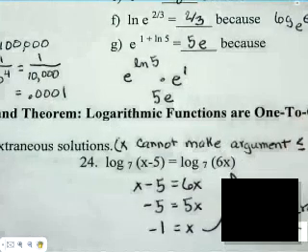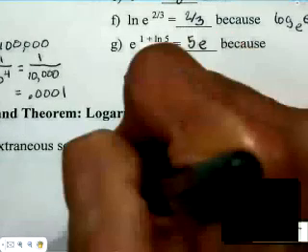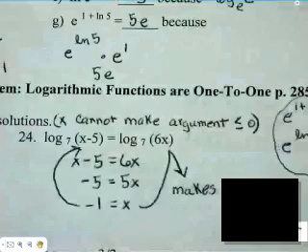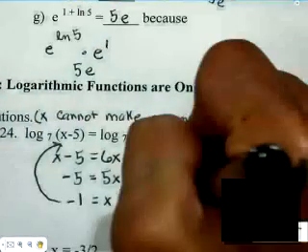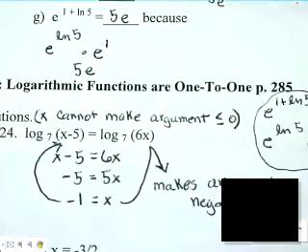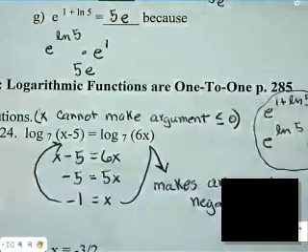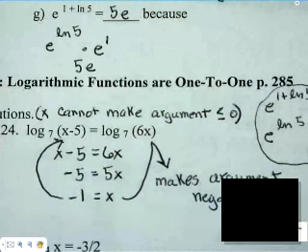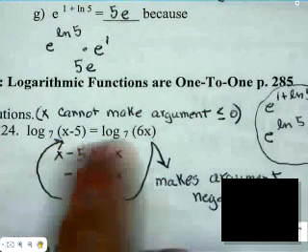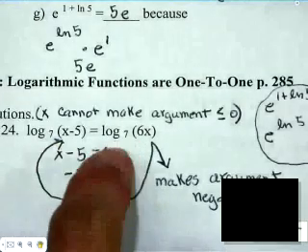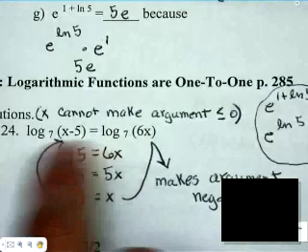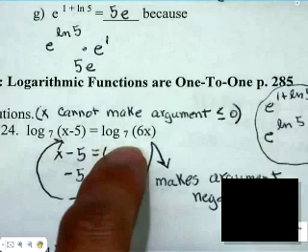Yes, it does. I didn't even notice that. If it makes either one negative, then you can't use it. Certainly, if it makes both negative, you can't use it. Makes argument negative. And so what do we write when we had one possible solution and we can't use it? Well, x equals negative 1 is extraneous, but if I come up to you and say, what makes this equation true, which is what I'm saying when I say solve, what makes this equation true?